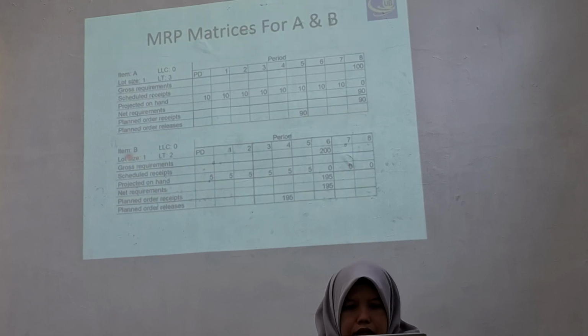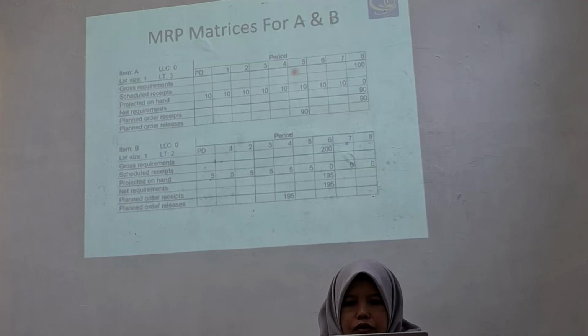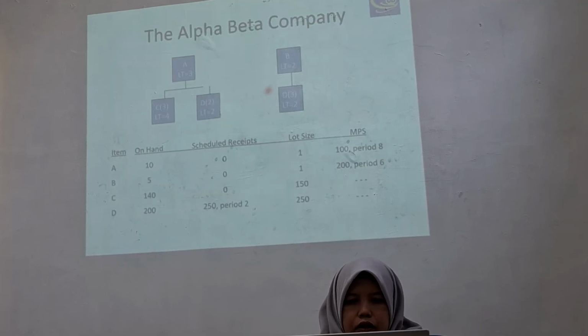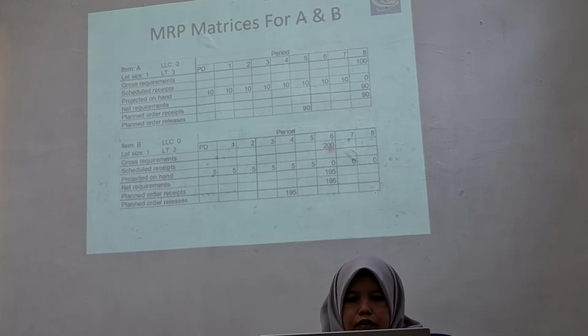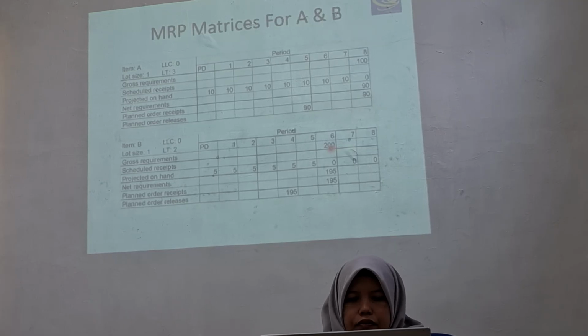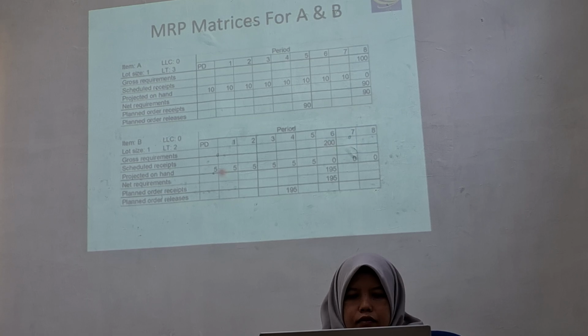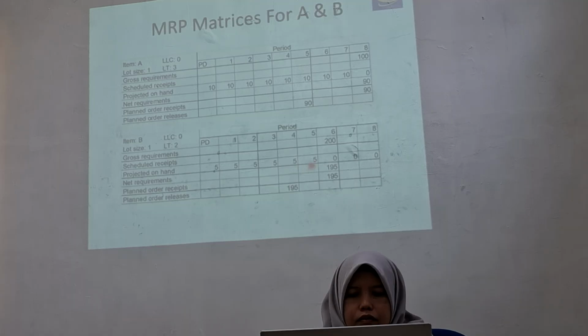B. Process 1, we times 2 from this one. Okay. So about the gross requirement in week 6. Based on the page before, it says 5. Mm-hmm.